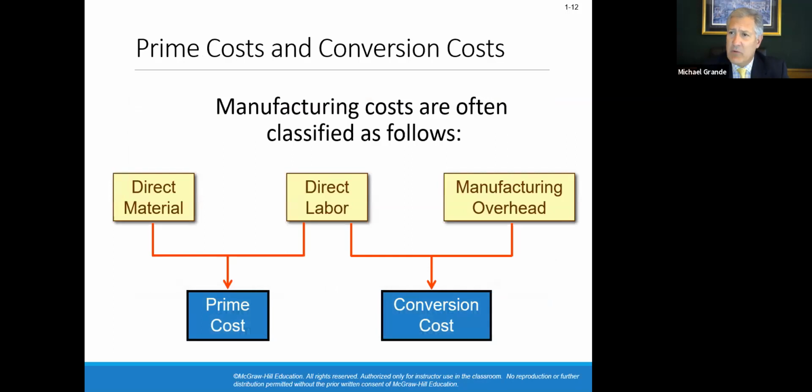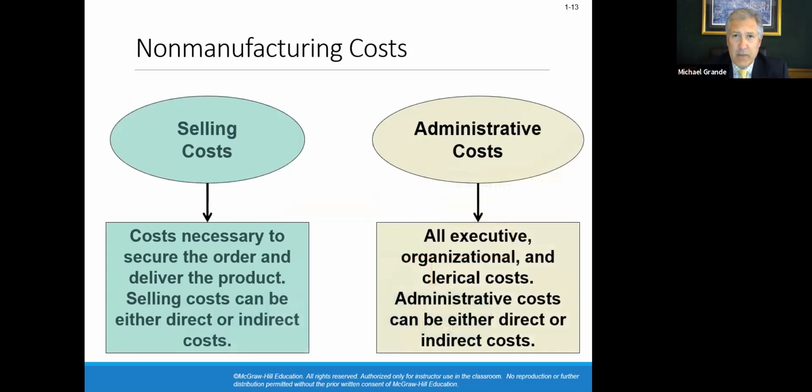Difference between prime costs and conversion costs. Prime costs are the prime costs that go into my product, direct materials and direct labor. Conversion costs, how do we convert that raw material into a finished product? We need to convert it by labor and by manufacturing overhead. Some non-manufacturing costs.